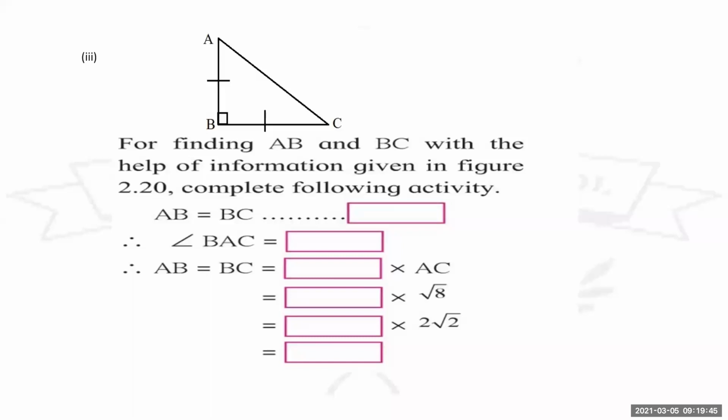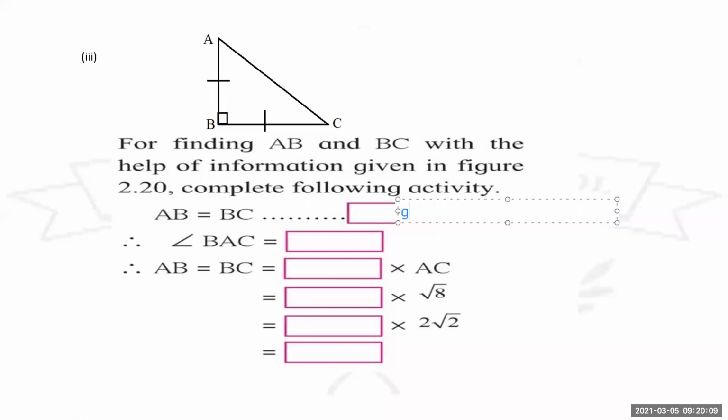Is the value of the side given to you as 45 degrees? Tell me. AB equals BC, this is what is given to us.